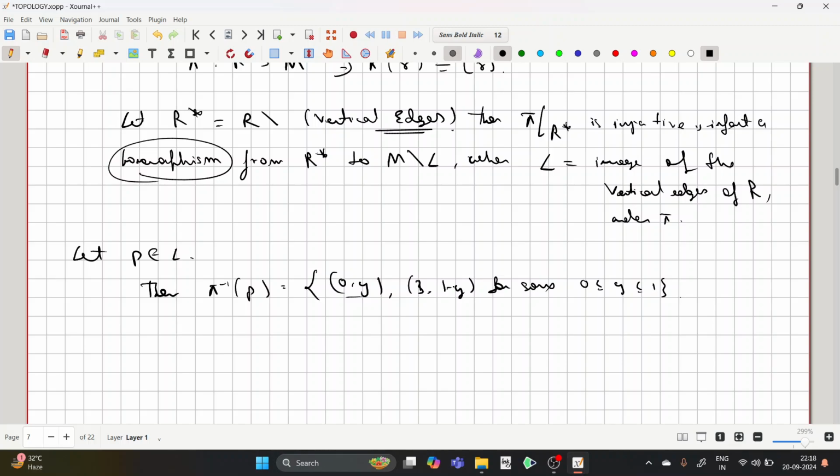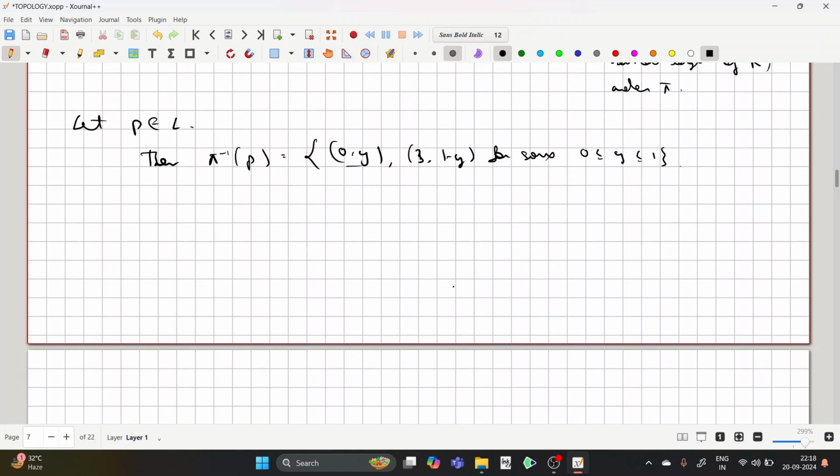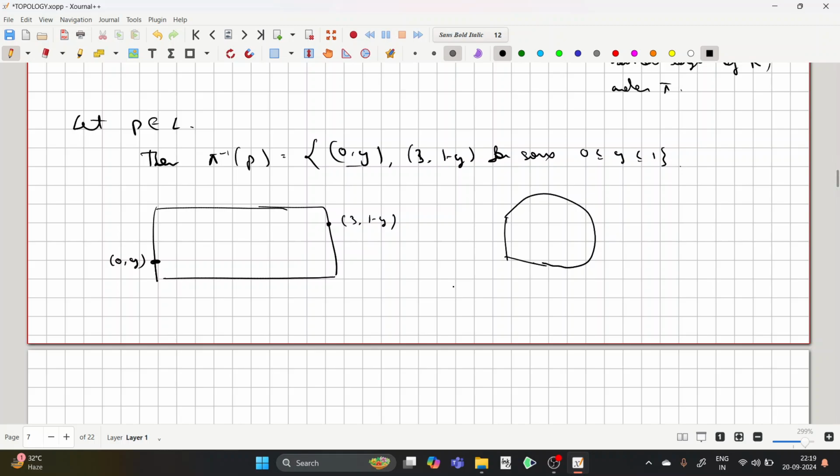So in terms of neighborhoods, what we are actually getting is this. I start with this rectangle. I suppose I have this point (0, y) and I have this point (3, 1 minus y), and suppose this is the Mobius strip. So let me draw it in this way. Suppose I have this Mobius strip, and suppose this is the line L, this is the point P. So this neighborhood is basically of this form, right?